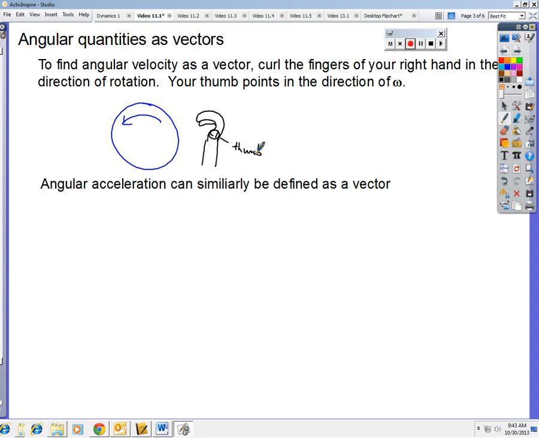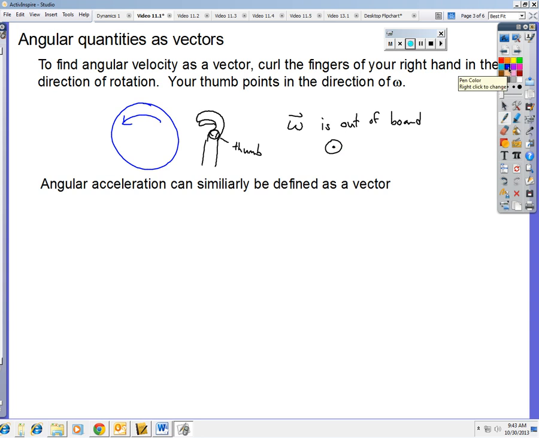Anyway, the net result is that the angular velocity vector, in this case, is out of the board. And if you remember, we represent vectors pointing out of the board as a circle with a dot in them. Now the angular acceleration can also be defined as a vector.